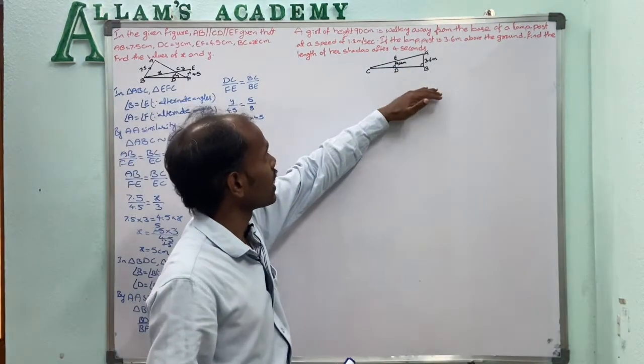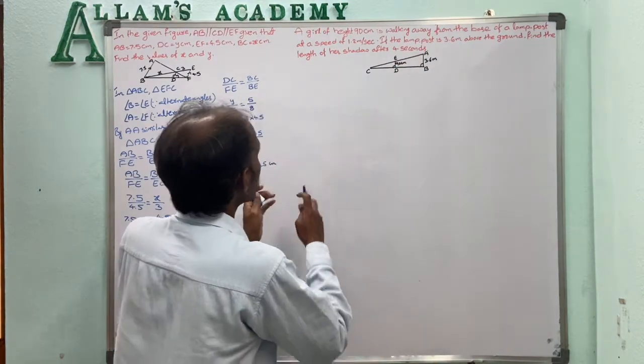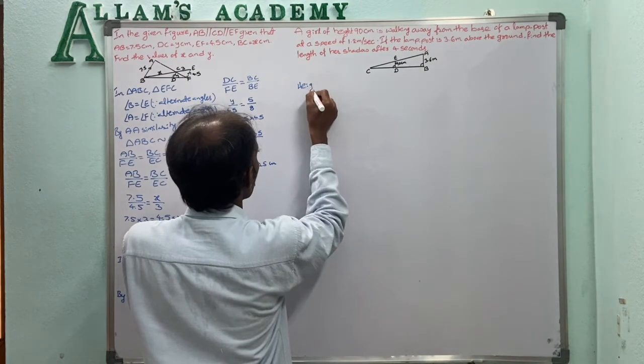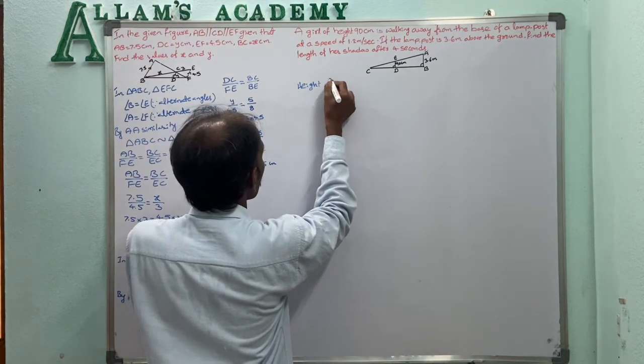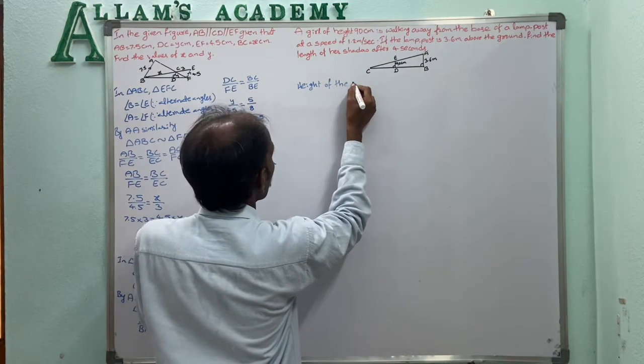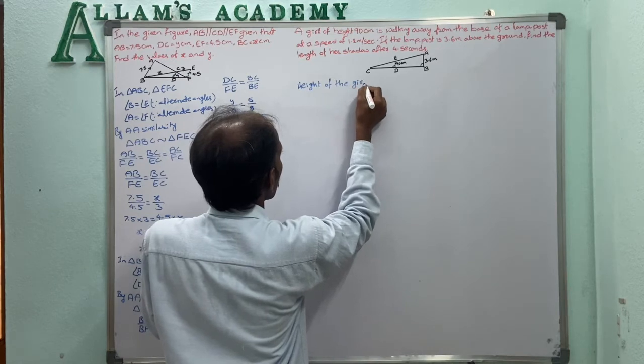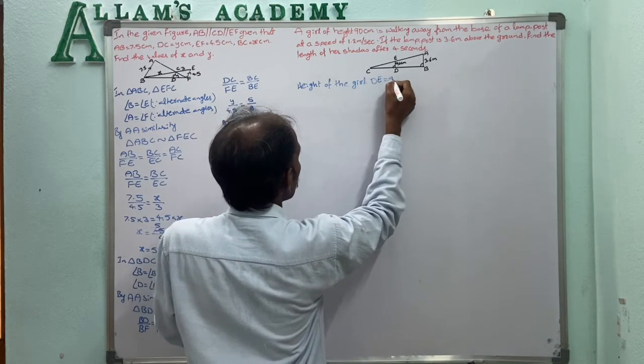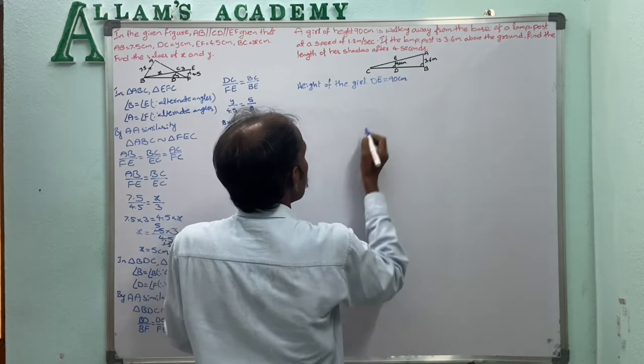Once we write the given information: height of the girl DE equal to 90 centimeters.